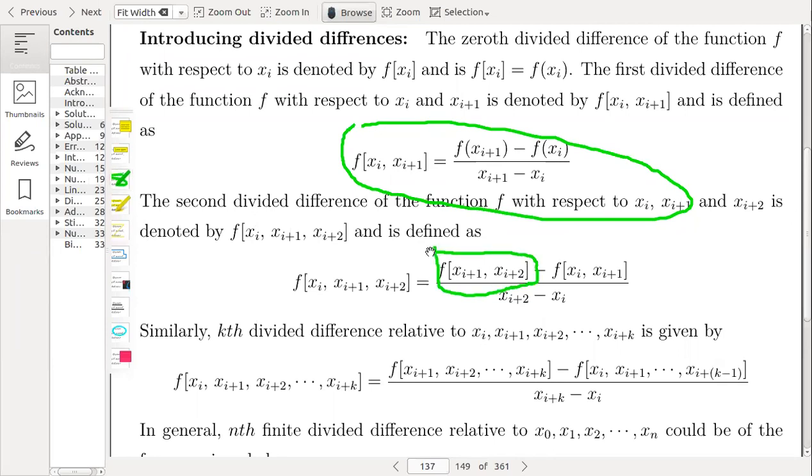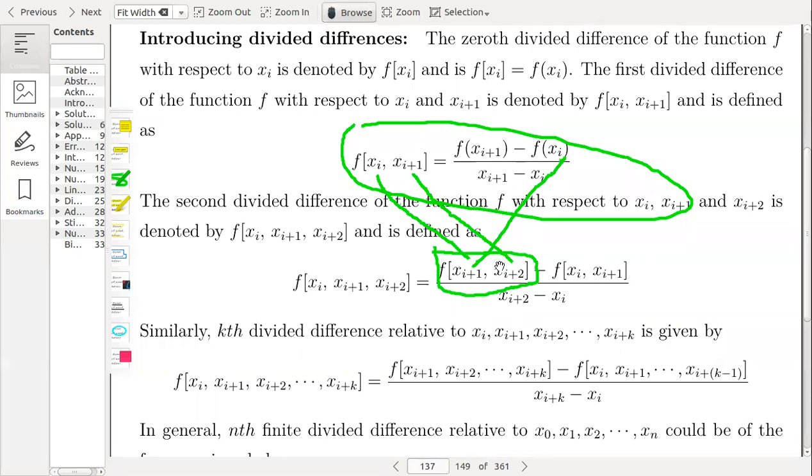And similarly, this is the first divided difference for the points xi+1, xi+2. So here we will replace xi with xi+1, and we will replace xi+1 with xi+2.